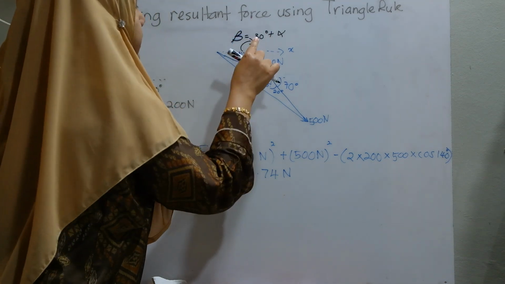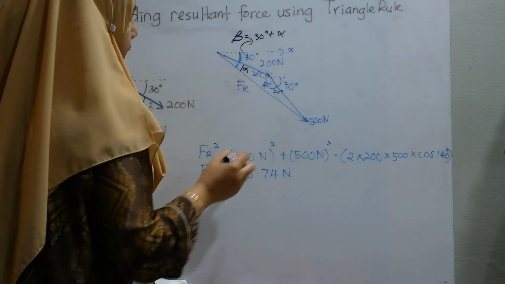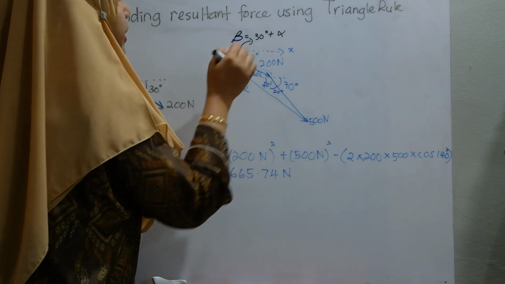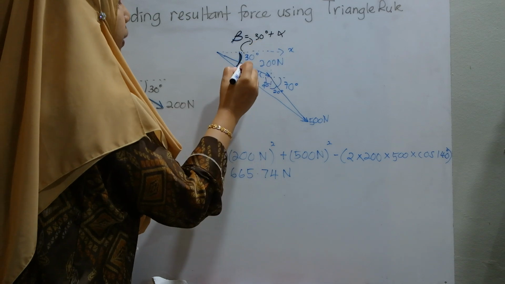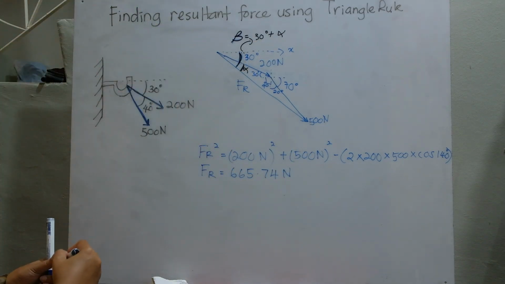Beta is equivalent to 30 plus alpha. Sorry, just now I'll make a correction: the FR angle is beta, and beta equals 30 plus alpha. So we need to find alpha in order to get beta.